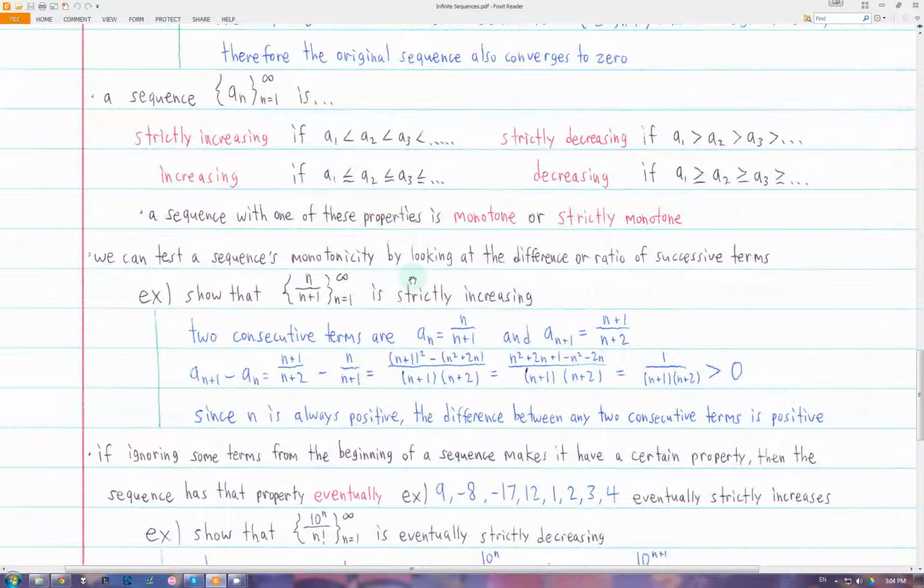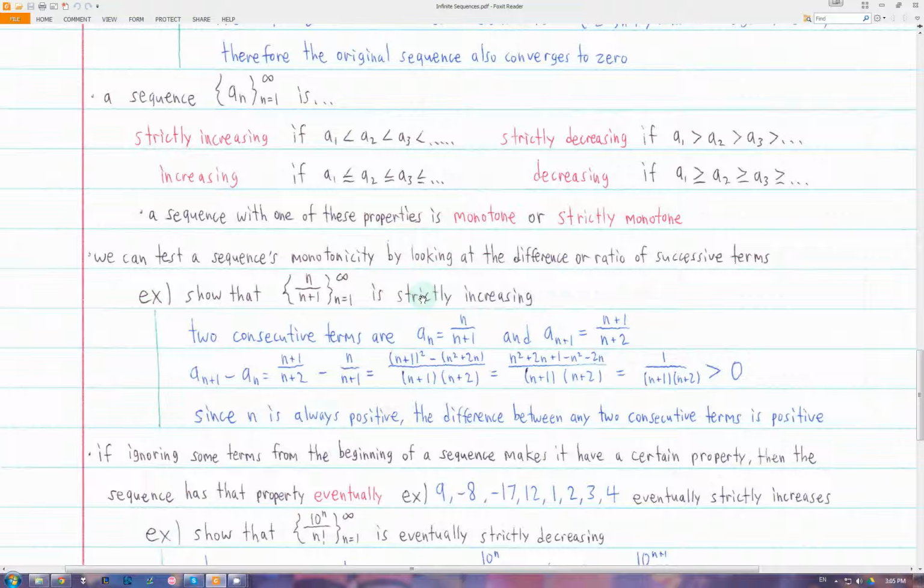So the two main ways to test if a sequence is monotone or not is by looking at the difference or ratio of two consecutive terms. Because if the difference between two consecutive terms is positive, that means to get the next term in a sequence, we always have to add a positive number. So it's going to be increasing.